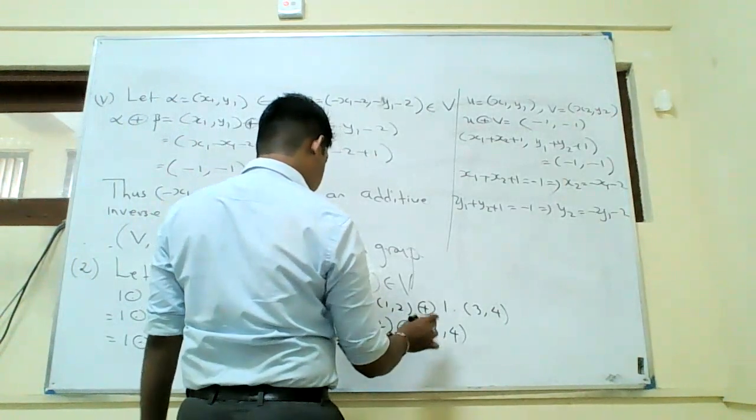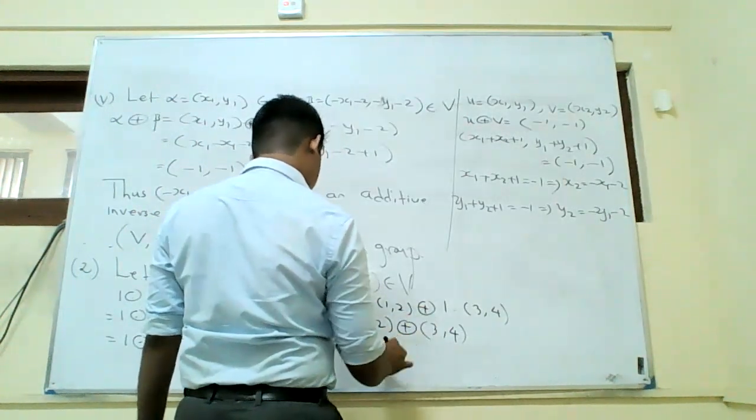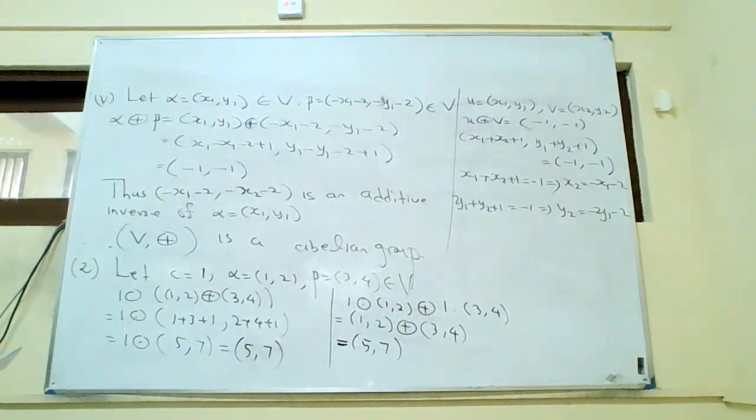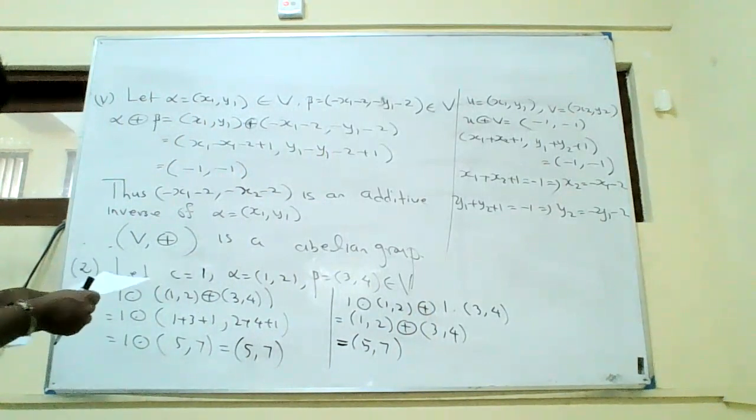Here 2 plus 4 is 6, plus 1 is 7. 5, 7, 5, 7. Okay, right. It's a real number.